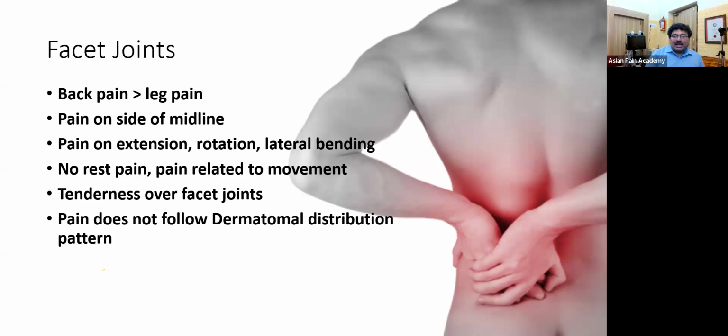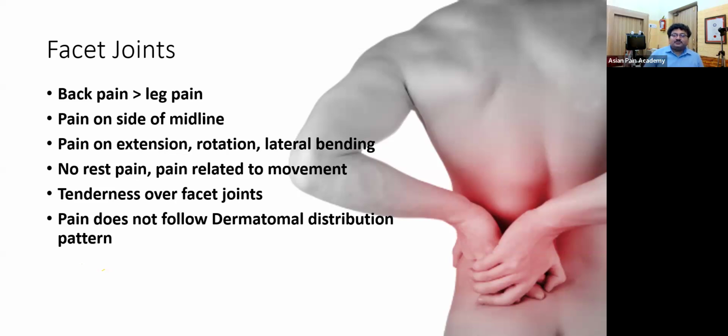Next, as the position of the facet joints is by the side of the midline, the pain is on the side of the midline. Remember, sometimes it can be confused with the myofascial pain of the quadratus, because that is also by the side, in the deep muscles of the back. You have to differentiate from those, because if you are thinking of myofascial pain, you can go for a trigger point injection and relieve the muscular pains.